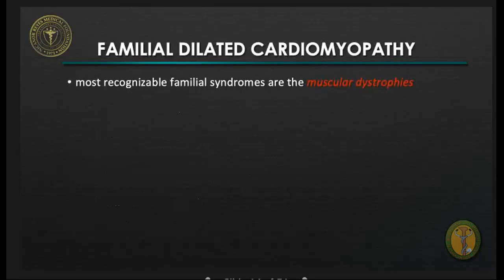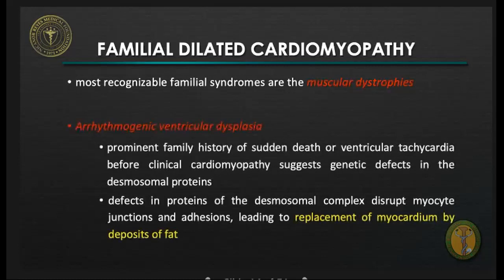Familial dilated cardiomyopathy: the most recognizable familial syndromes are the muscular dystrophies. Arrhythmogenic ventricular dysplasia is prominent in those with a family history of sudden death or ventricular tachycardia even before the clinical cardiomyopathy.